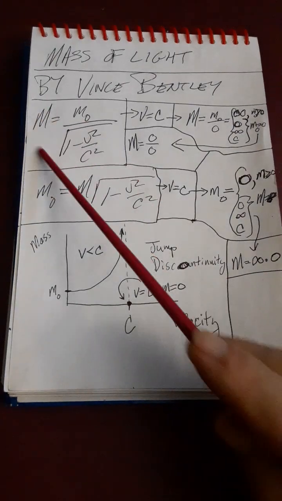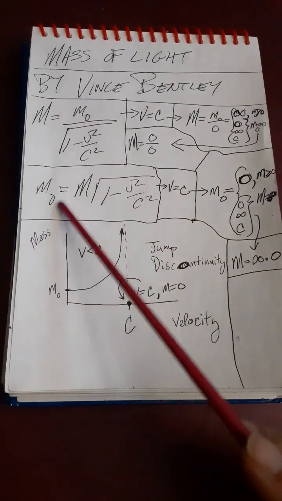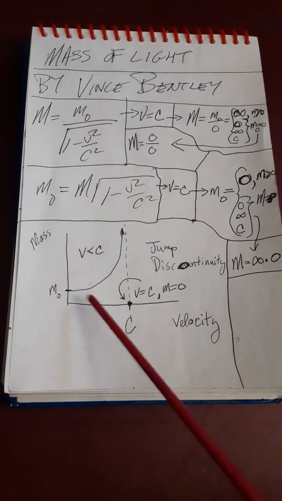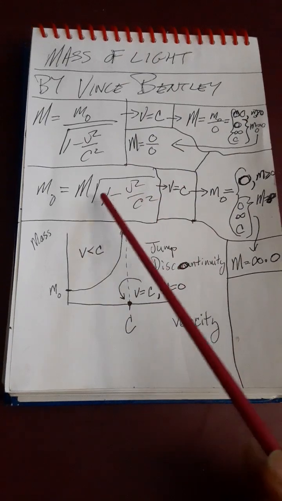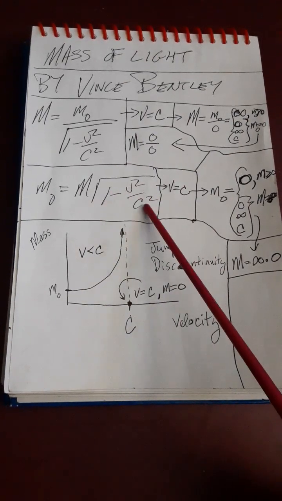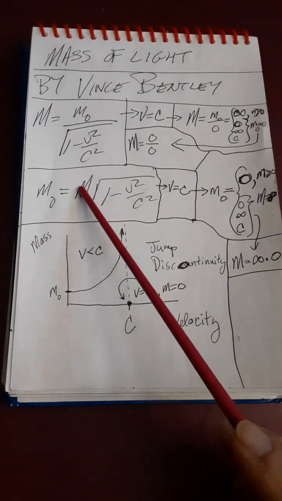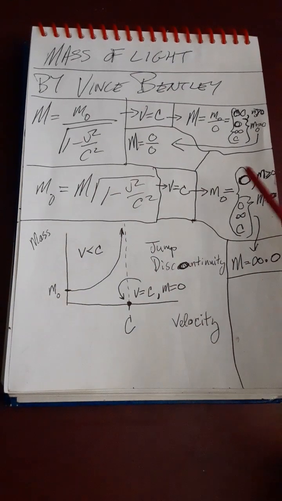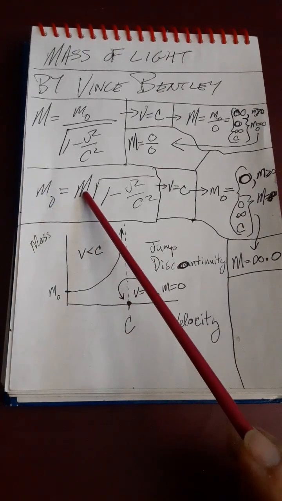Now, if we resolve this equation in this manner for m sub 0 and write it like this, then we'll stick c into here. Of course, we'll get 1 minus c squared over c squared, 1. 1 minus 1 is 0. 0 times m should equal 0. This is the rest mass, this is the relativistic mass.